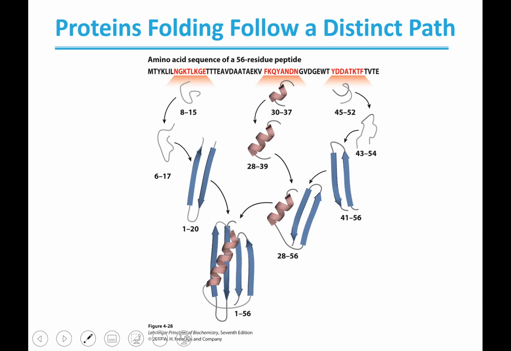People have researched how proteins fold, and one of the consensus views right now is that folding follows a distinct path, but the actual steps involved can be slightly different depending on the protein or depending on conditions. What people have noticed is that there are certain regions that form pretty stable secondary structures or motifs.